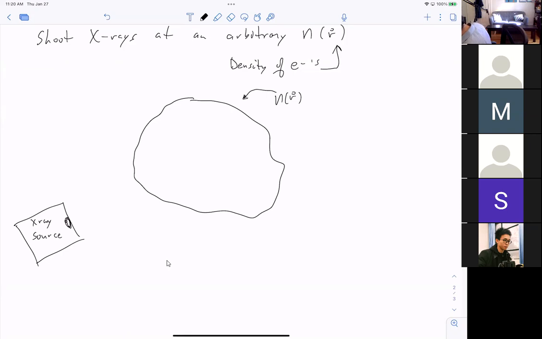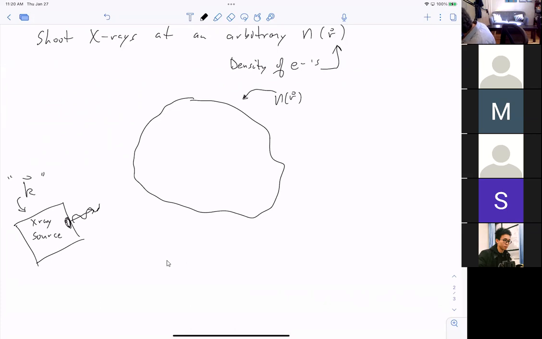This X-ray source is shooting X-rays at my electron density, and this is meant to be waves. The X-rays are described by a wave vector k, and those X-rays are coming at my object.